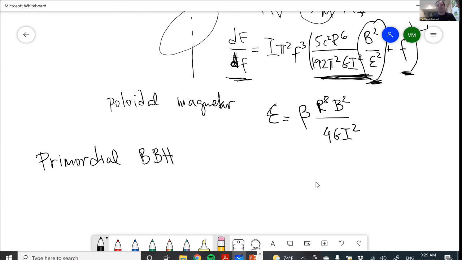So the situation here is that these are again compact binaries. So dF would be exactly the same as what we had before for the regular black hole binaries, but the rate R will be different. In this case, the primordial black holes would be black holes that were created in the early universe.